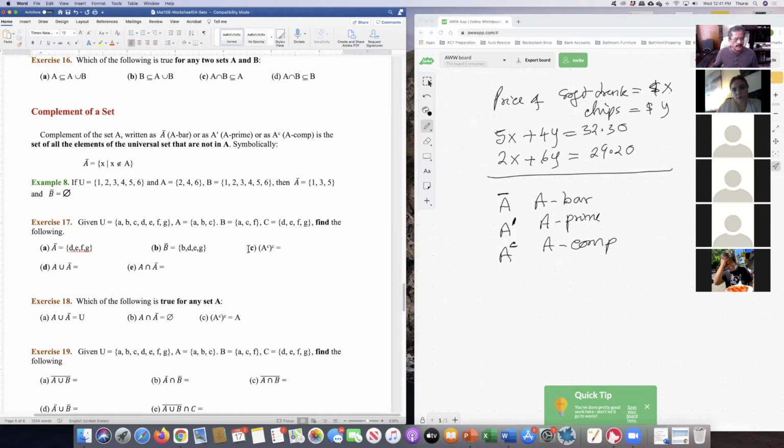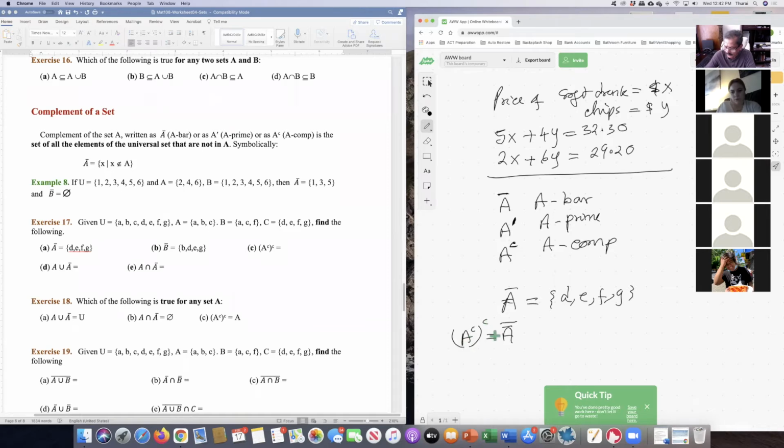A complement, which is the same as saying A bar bar. Let me go to the board. If I have A bar, which we already found in part A, which is D, E, F, G, and I want the complement of this, that's what it means to say A bar bar, or A complement complement.